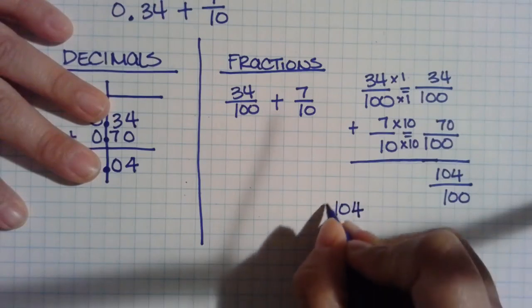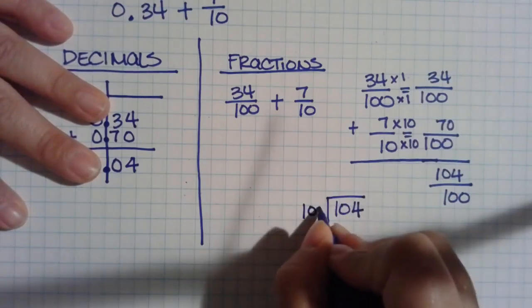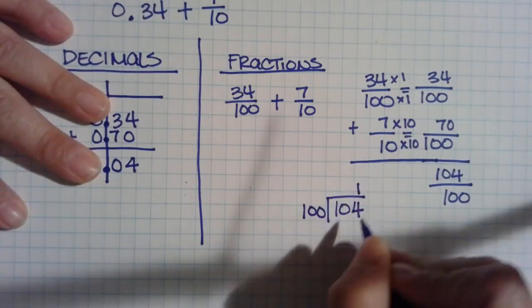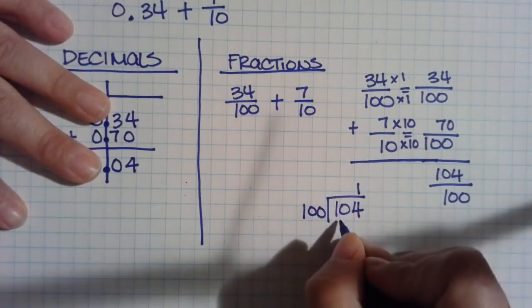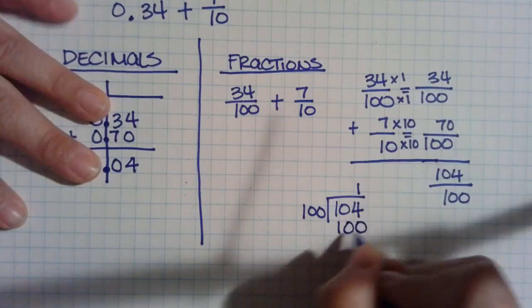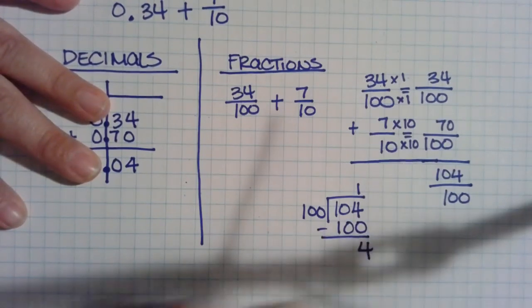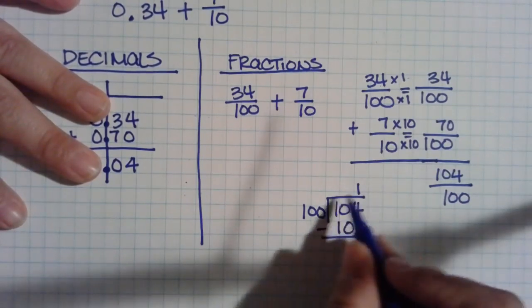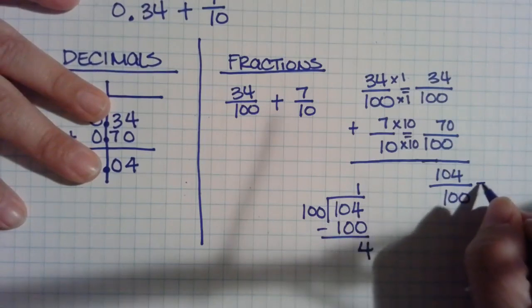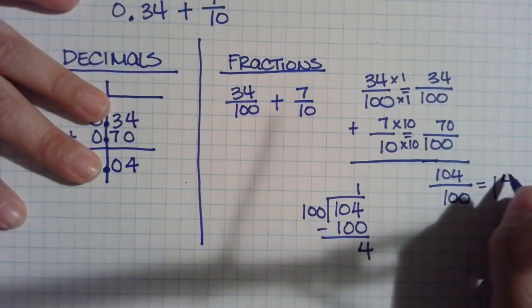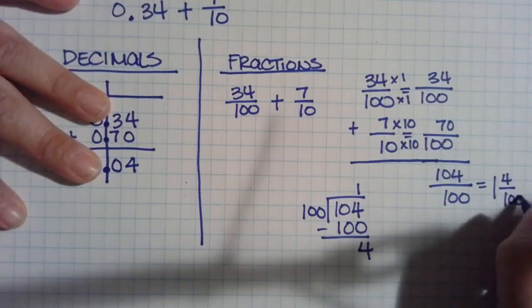So 104 divided by 100, that goes in there one time, and then that gives me 100, and I have 4 left over. So I'm going to rewrite that as 1 and 4 hundredths.